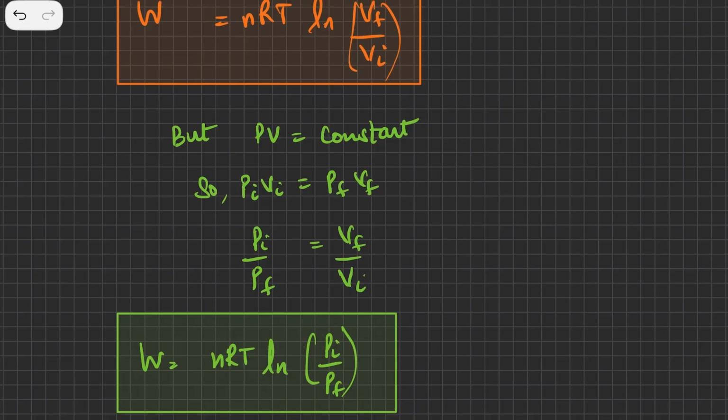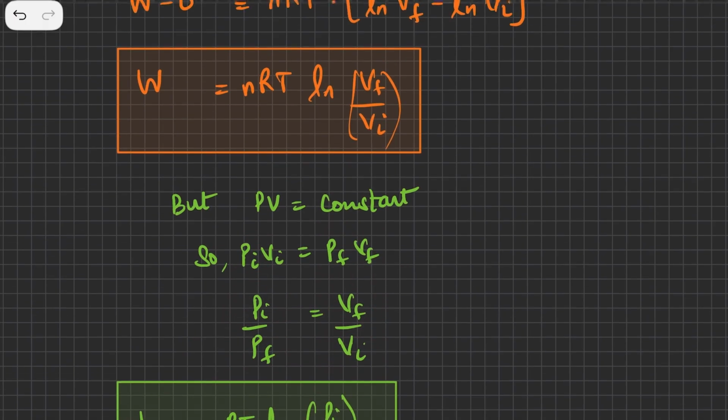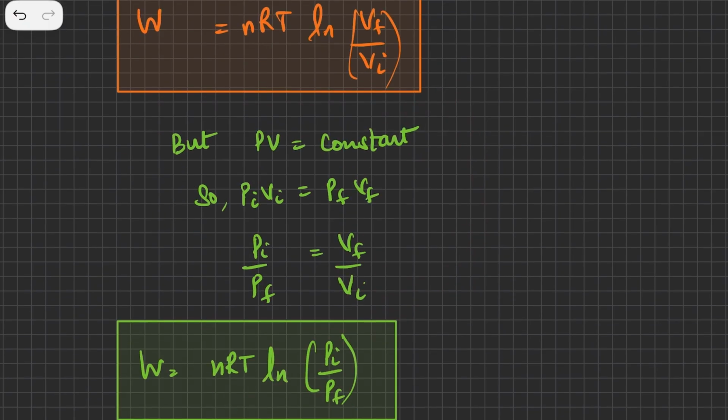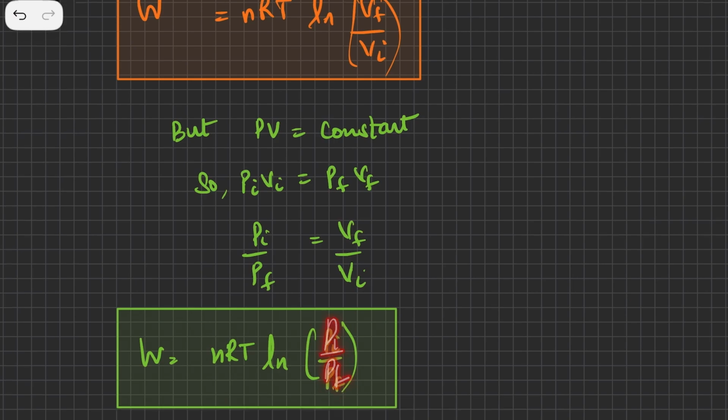Now just keep the VF on one side and pull VI to the other side. So VF upon VI, and PF on the other side, so I get PI upon PF. So wherever there is VF upon VI, I can always write PI upon PF. So I can put this value over here. So W is equal to nRT log of PI upon PF.